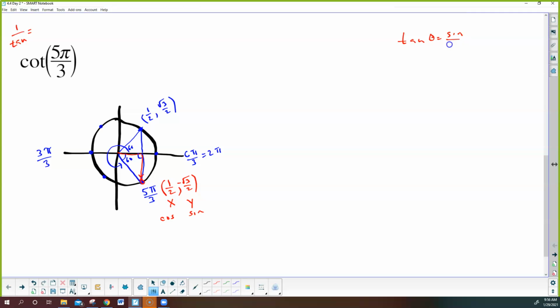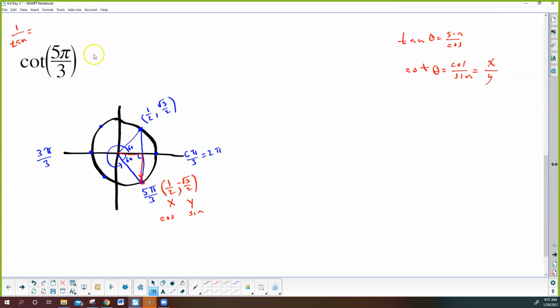I know that tangent is sine over cosine, so that means cotangent of theta is cosine over sine. So this, 1 over tangent, is the same thing as the reciprocal of tangent. Well, cosine is the x value, so some people memorize cotangent as x over y.